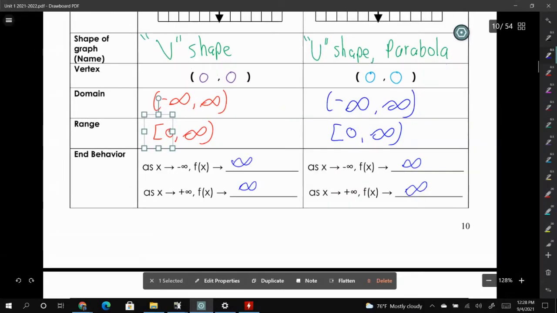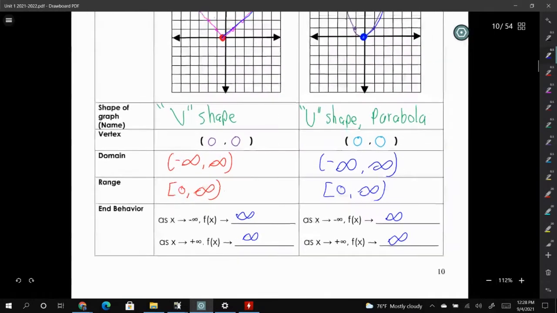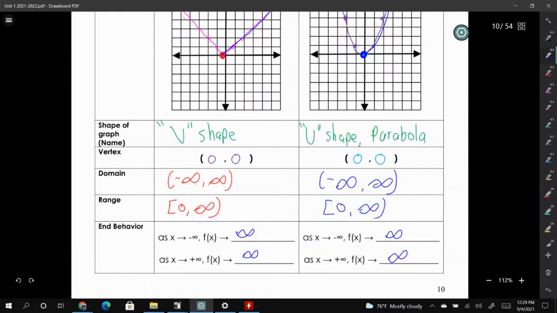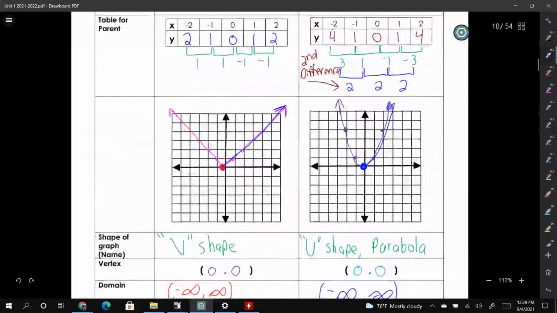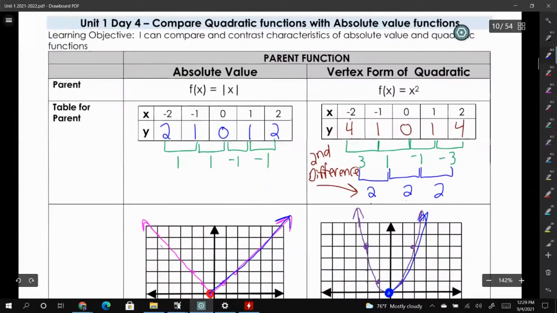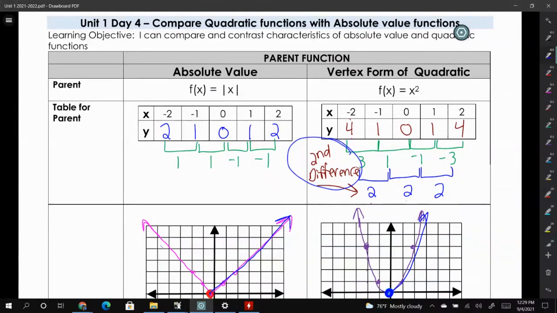So there are a lot of similarities here. The vertex is the same, domain's the same, range is figured out the same way, same thing with end behavior. The big difference is that we have the term called second difference here. We don't have that in an absolute value function.